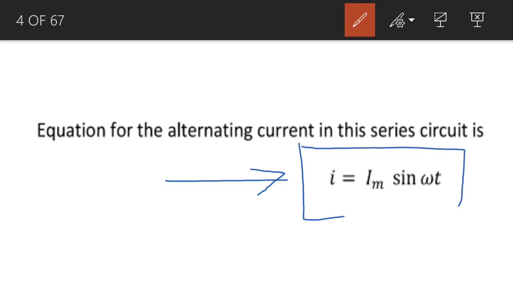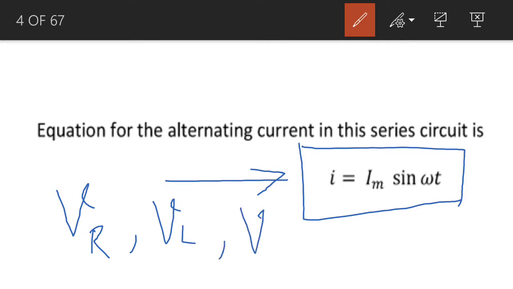The AC current in this series circuit is equal to Im sine omega t. We assume that this equation for the current is known, and we are going to find out the voltage across the resistor, the voltage across the inductor, and the voltage across the source with the help of this current.